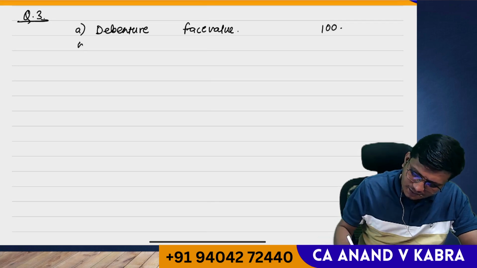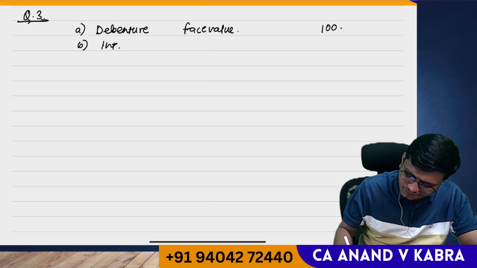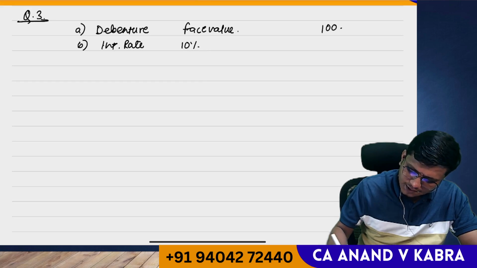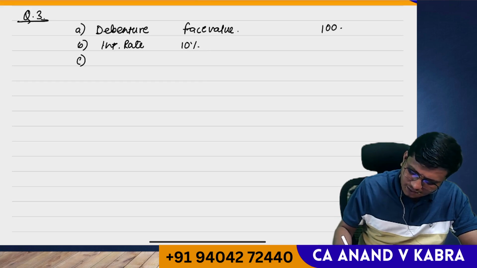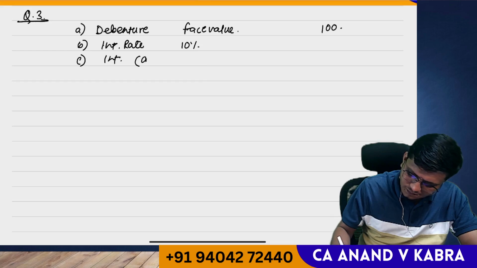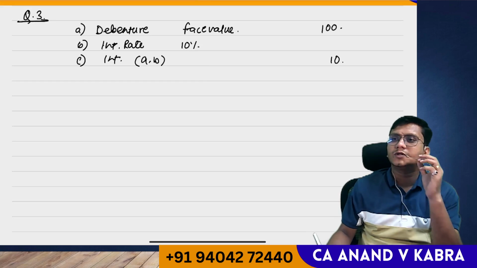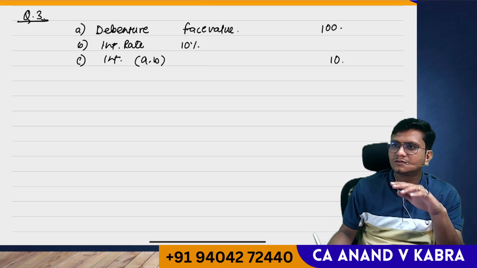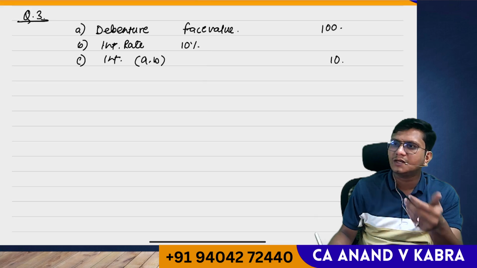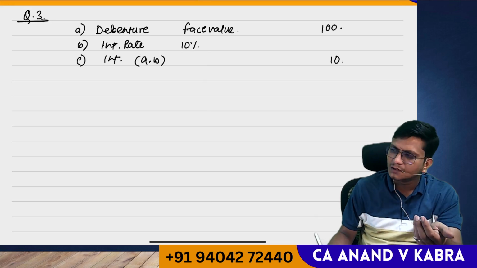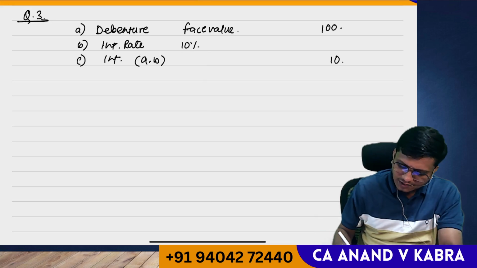And the interest rate? 10%. The interest will be rupees 10. Although you are receiving 96 rupees for the debenture, you have to pay interest on the face value itself. Do remember this.